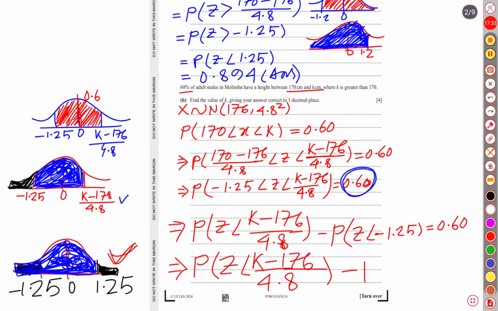So it is 1 plus, that is minus and minus, it is going to be plus, plus probability of z less than, because we don't have any probability given in the probability distribution table for any corresponding negative z-score, it is 1.25.